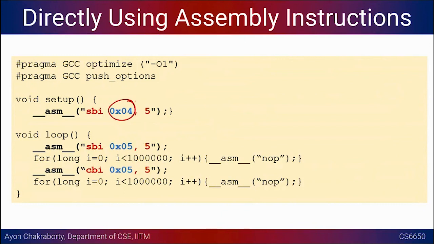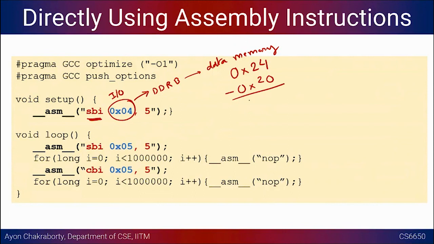And same, so this was for manipulating the DDRB register, which from the data memory space will have an address of 0x24, whereas from the input output register scenario, if we are using this SBI, the set bit instruction, to manipulate these input output registers, we have to use this 0x24 and then shift it in the opposite direction by 0x20, which makes it 0x04, right?